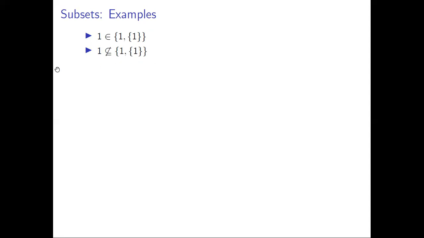Okay. Next, the set whose only element is 1 is an element of this set, right? And that's the second element that's listed out here. In addition, the set just containing 1 is a subset of this set. Now, why is that the case? Because every element in this set on the left is also an element in the set on the right.